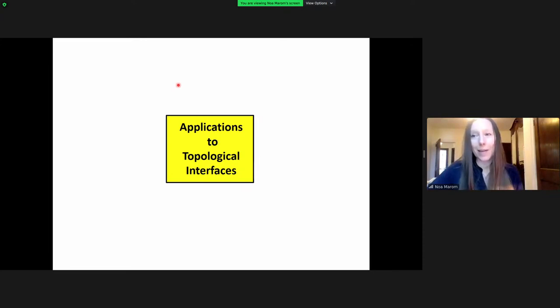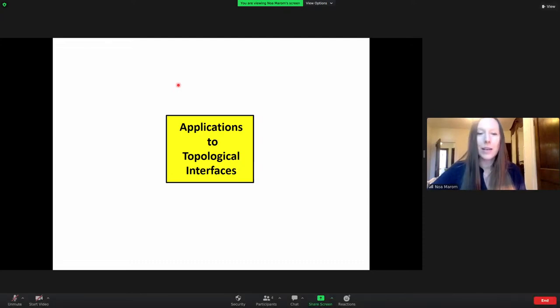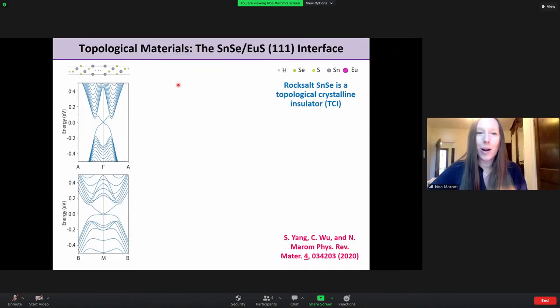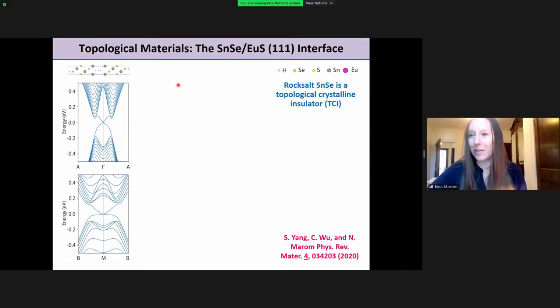Okay, so in the remaining time, I have a few applications to show you for topological interfaces. So let's start with a crystalline topological insulator. The rock salt structure of tin selenide is an example of such a material. So topological crystalline insulators are materials that in the bulk are just insulators with a band gap, but on the surface, so here you can see a slab model of tin selenide with surfaces.